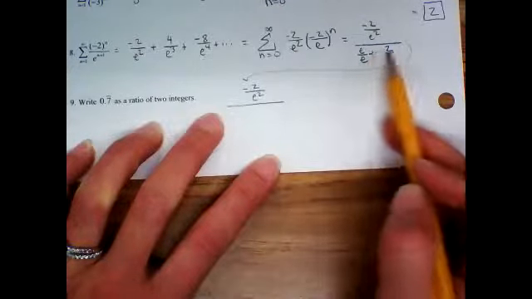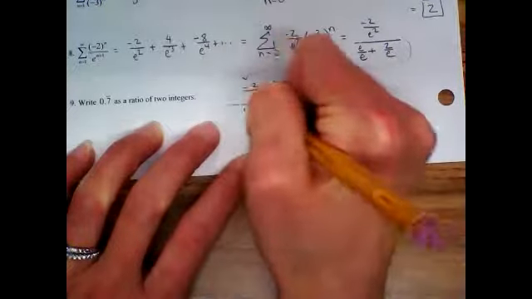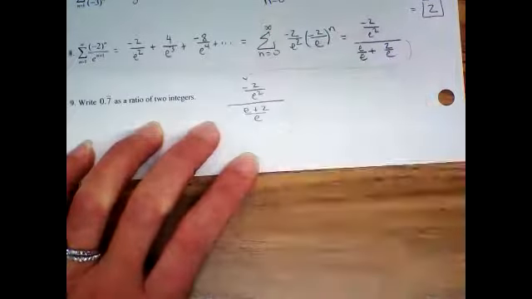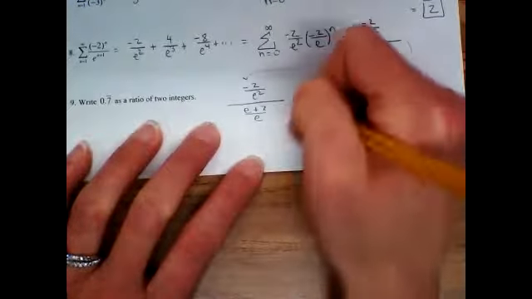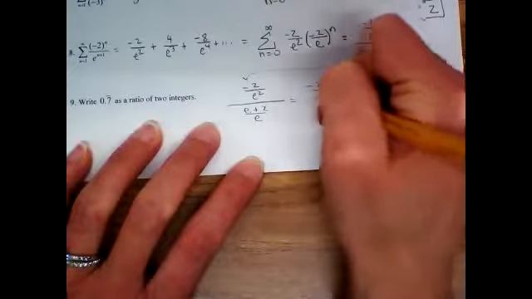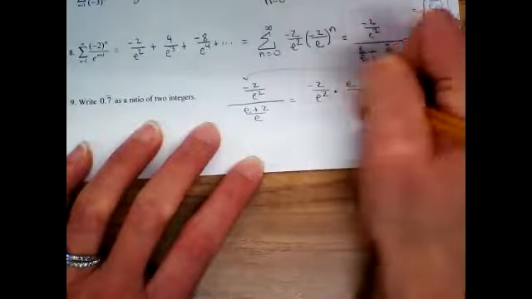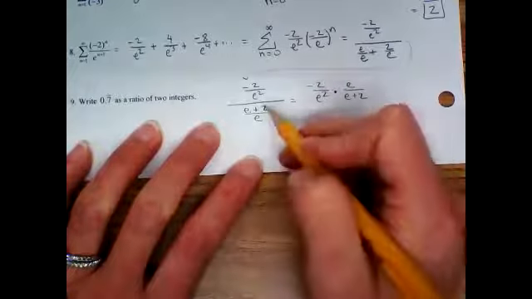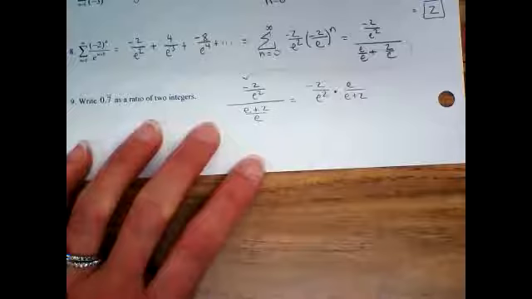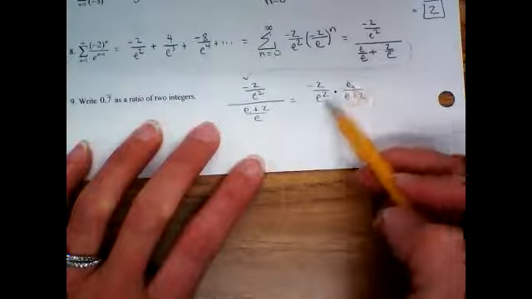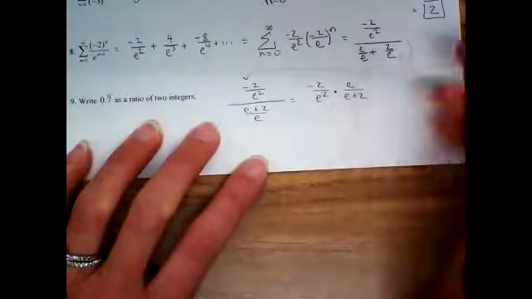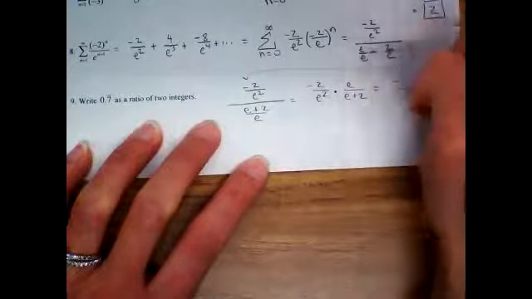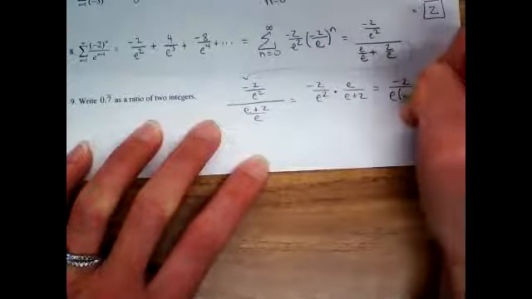So this would be e plus 2 over e. And when you divide by a fraction, you multiply by the reciprocal. So I just flipped this over. And then all you can really do there is one of these e's is going to cancel. So final answer, it'll be -2 over e times e plus 2.